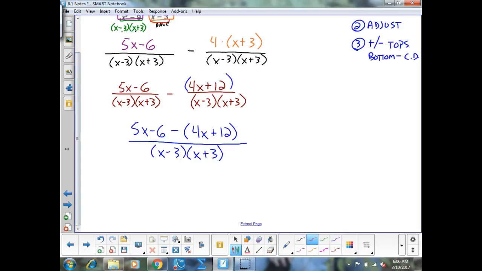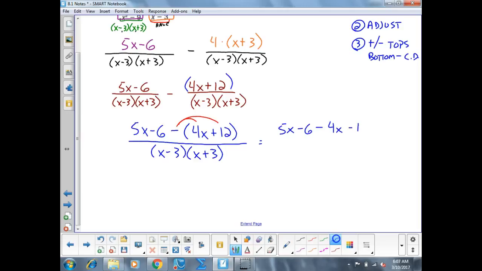Okay, now you can do that math. I can distribute in that negative sign, so we get 5x minus 6 minus 4x minus 12 all over x minus 3, x plus 3.